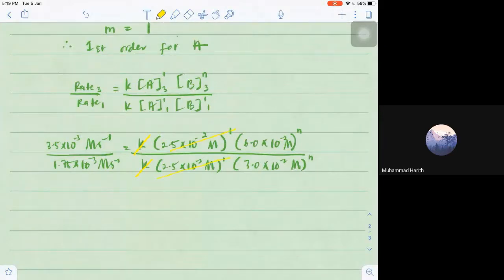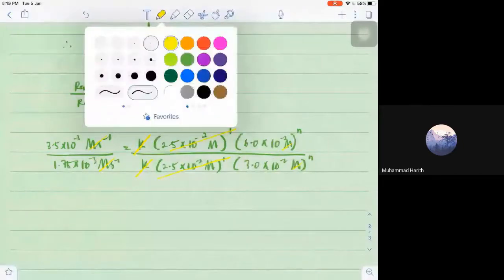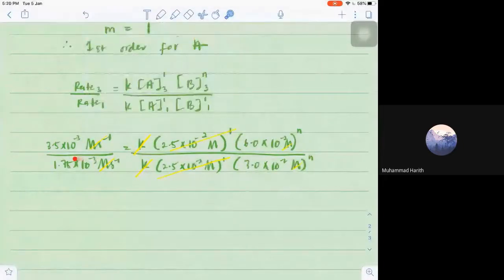Now we can cancel K, the rate constant, and the 2.5 exponent negative 2 power of 1, because they have the same value. The unit with the unit. What's left is just 3.5 over 1.75, which is equal to 2, equal to 6 exponent negative 2 over 3 exponent negative 2, power of N. So 6 over 3 is 2 as well, 2 power of N. Finally, we know that N is equal to 1.